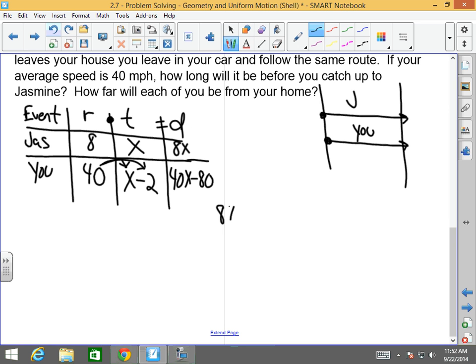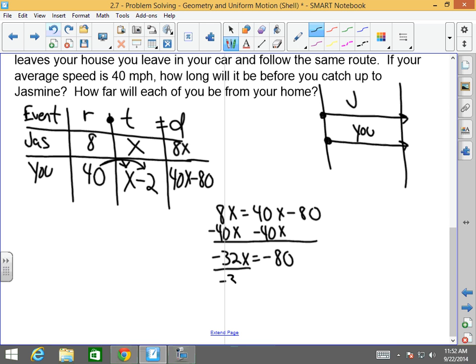So I have 8x equals 40x minus 80. Subtract 40x from both sides. And I've got negative 32x equals negative 80. Divide both sides by negative 32. And x will equal here.